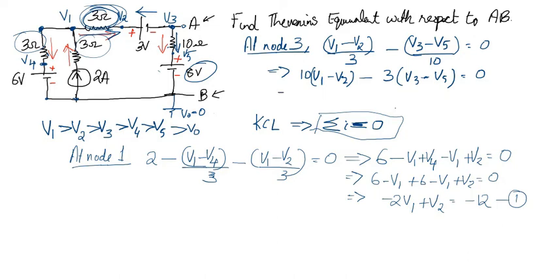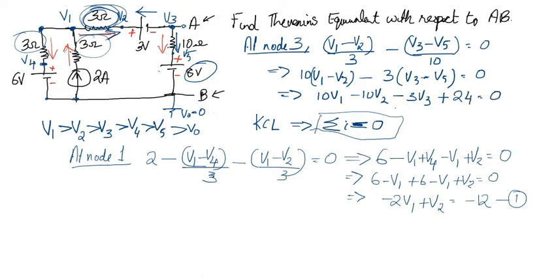So we will be getting 10V1 minus 10V2 minus 3V3, plus 3 into V5, which is 3 into 8, that is plus 24, equal to 0.